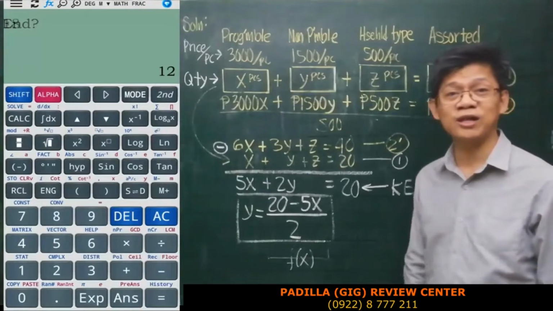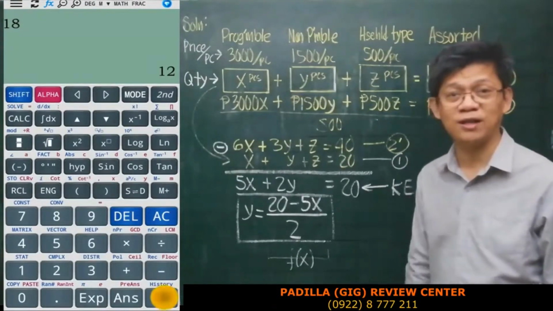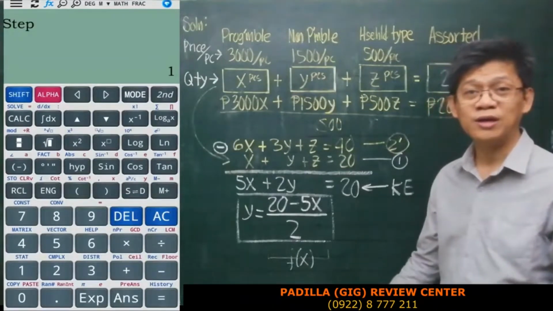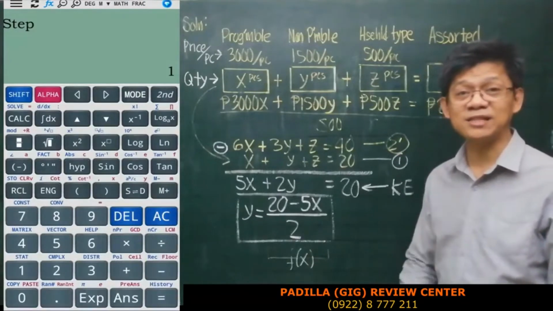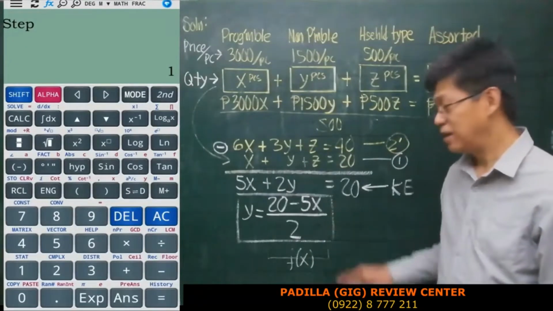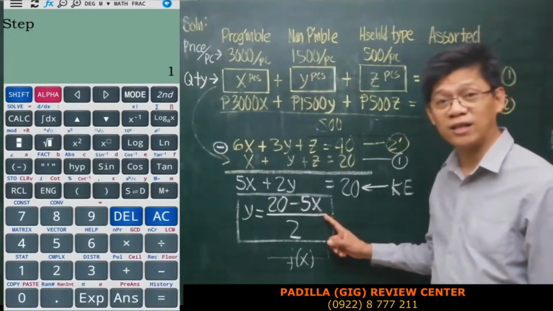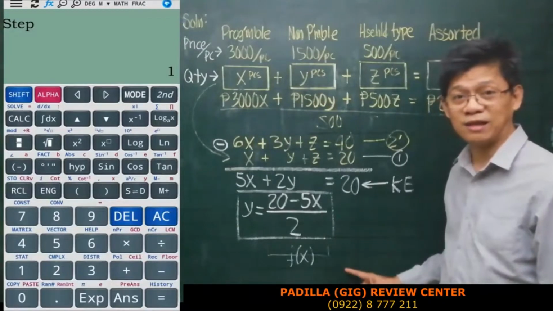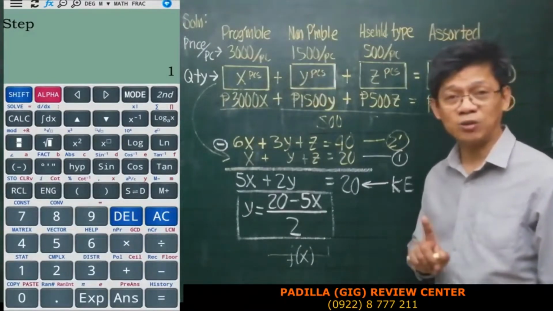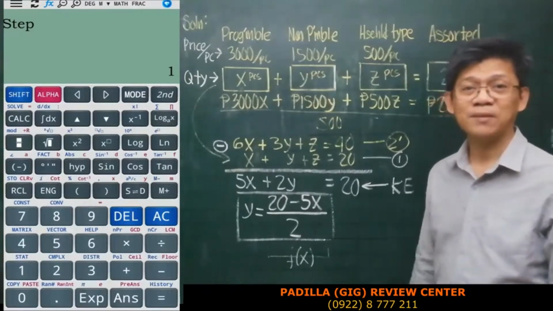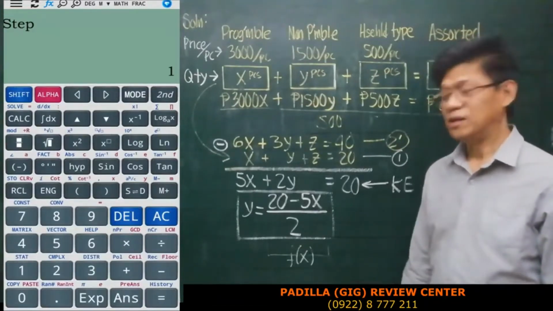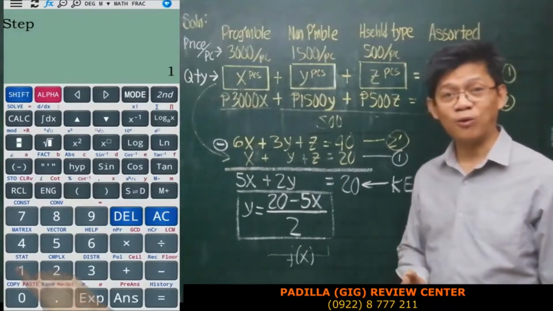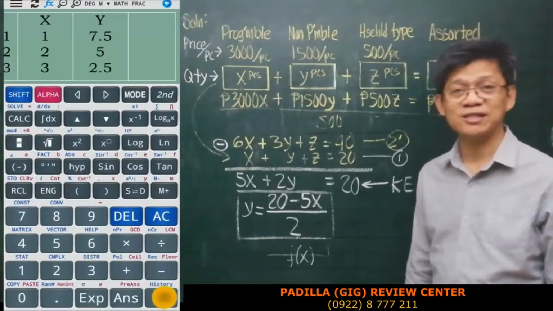Now, your calculator now, after you press equals, will show you step. That is the increment of x. If your start x is 1 and your step is 1, then the next value for x will be 2, then 3, then 4. It will just add the step for the next value. So, your step 1, then press equals.